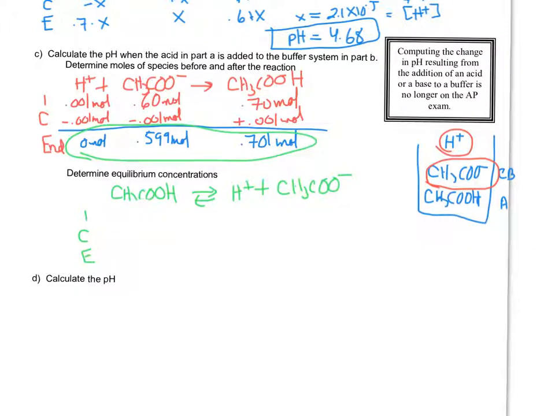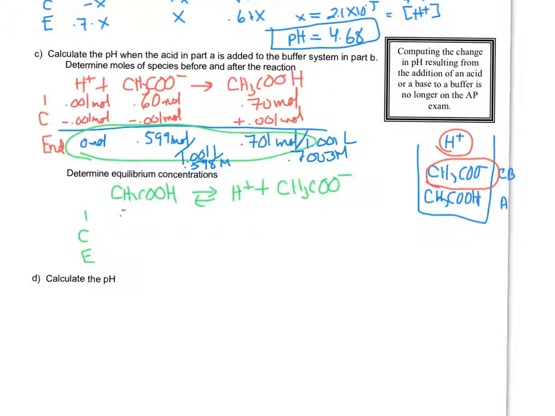So I'm going to go ahead and divide this by 1.001 liters and this by 1.001 liters. This ends up being 0.598 molar. This is 0.7003 molar. So those are the concentrations that I'm going to use.